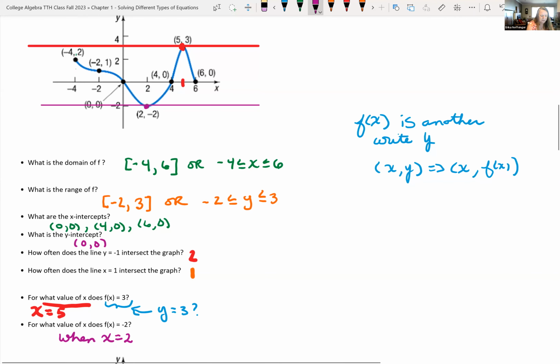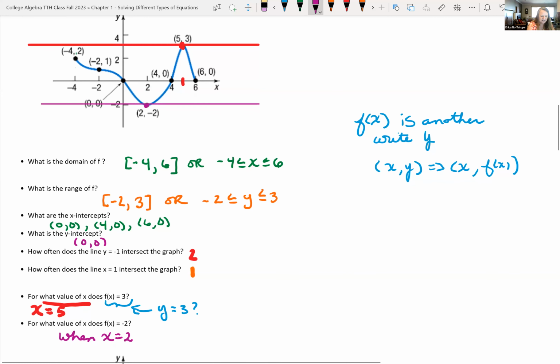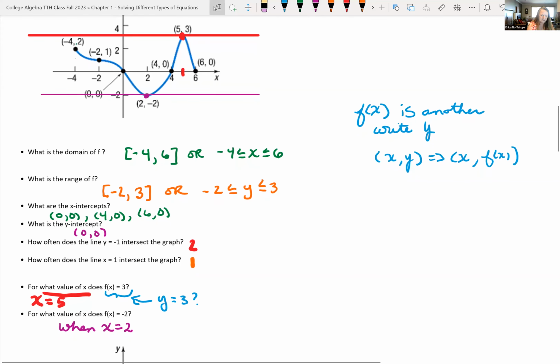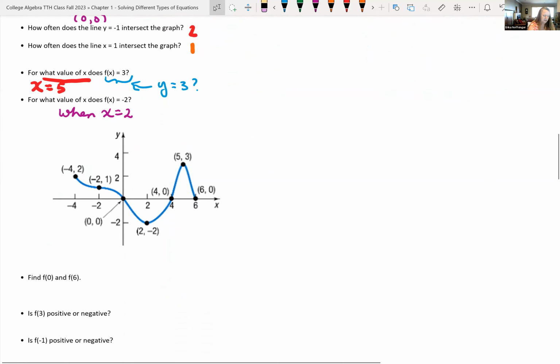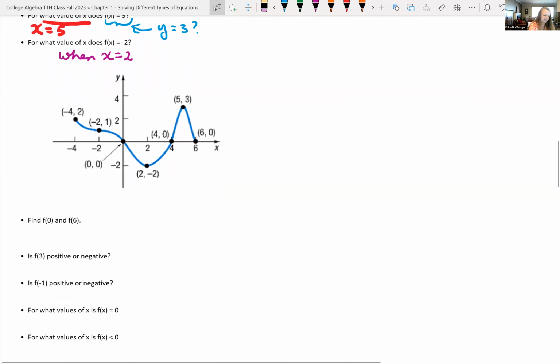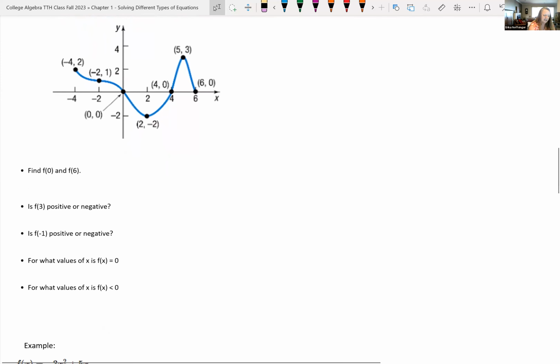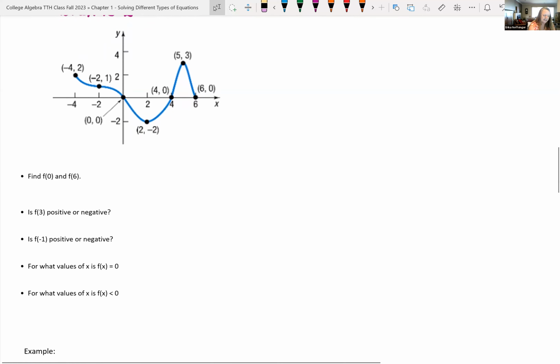Yes, I copied the graph again, so we have it, and we can continue to answer questions about the graph. Looking at the graph, you should be able to tell what f of 0 and f of 6 are. For f of 0, we're looking at when x is 0, what is y? Well, when x is 0, my y value is also 0.